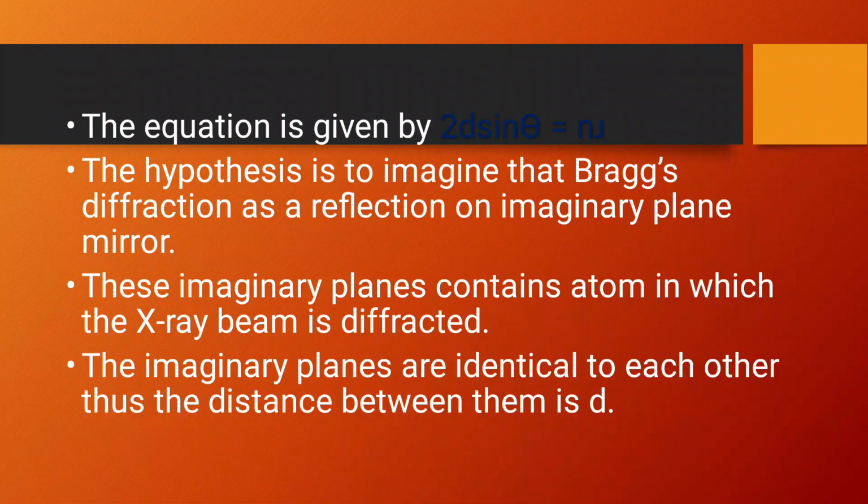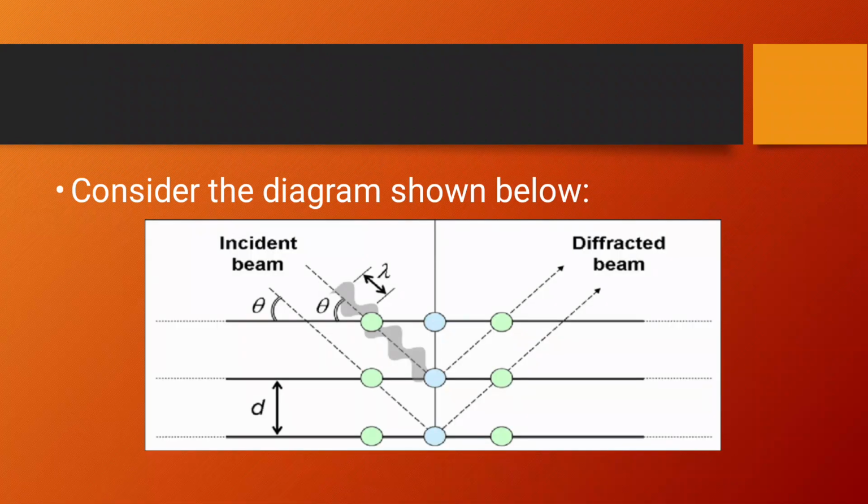These imaginary planes contain atoms by which the X-ray beam is diffracted. The imaginary planes are identical to each other, thus the distance between them is d, the distance between the planes present in the crystal.